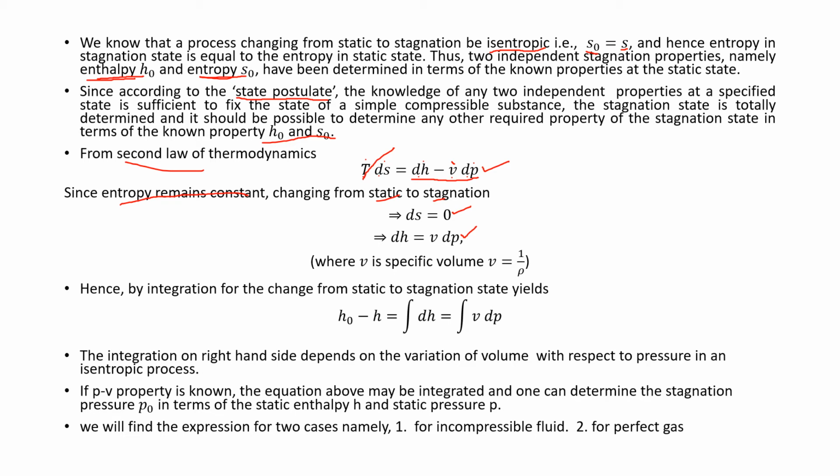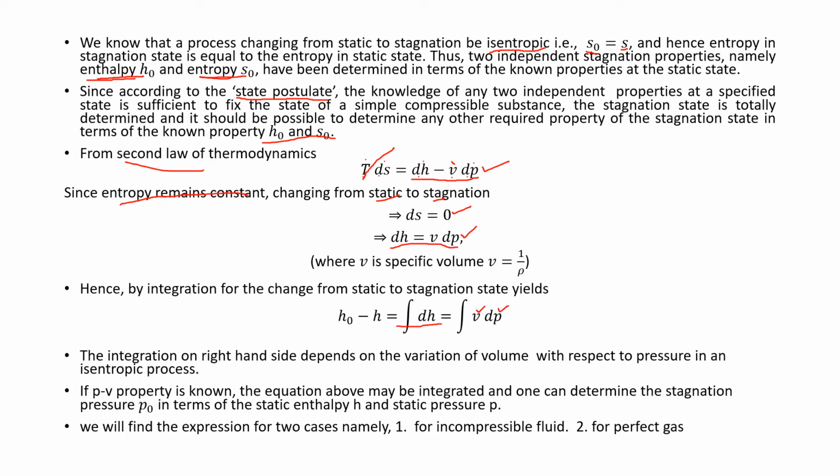Now integrating this equation, we get the difference between stagnation and static enthalpy. To find the integration of dH, we need to know the relation between specific volume and change in pressure dP.